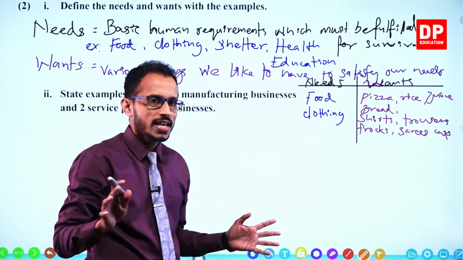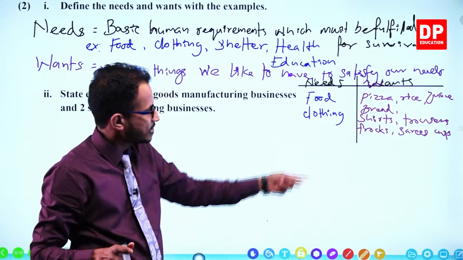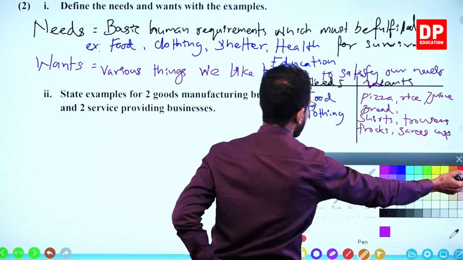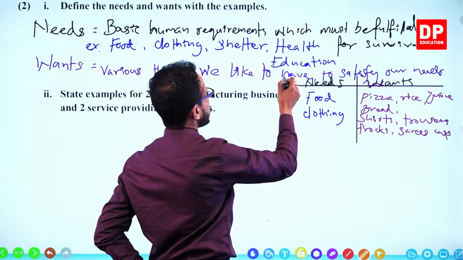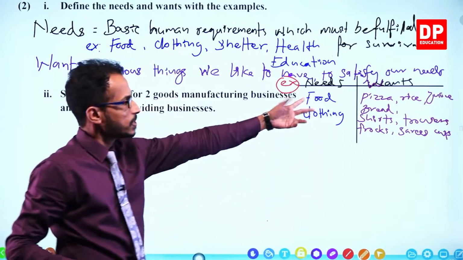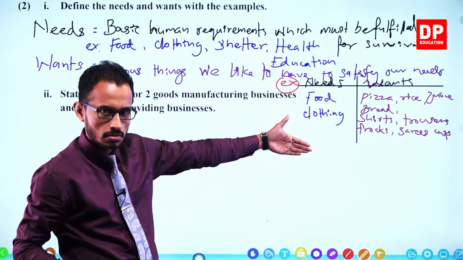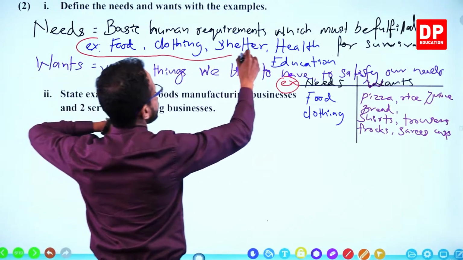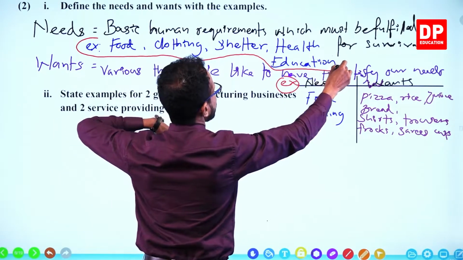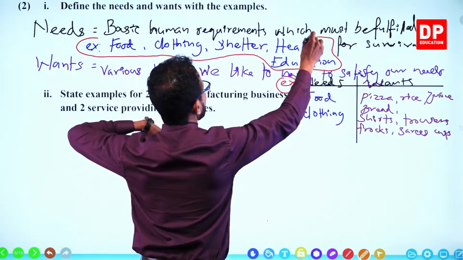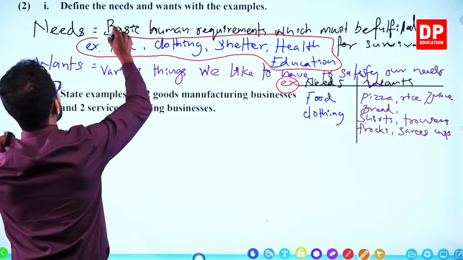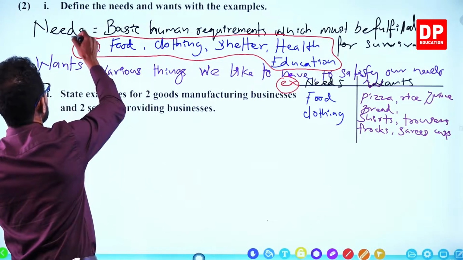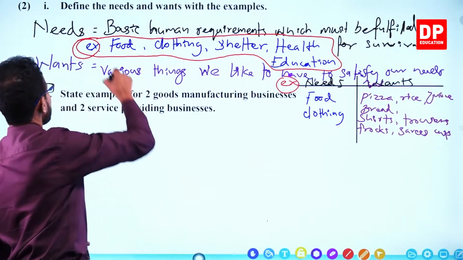But do not take like 5-6 minutes to write the examples. If you present the examples in this manner, that is better. You write examples and you present this table. Better than writing the examples like this. If you write like this, it doesn't matter, children.